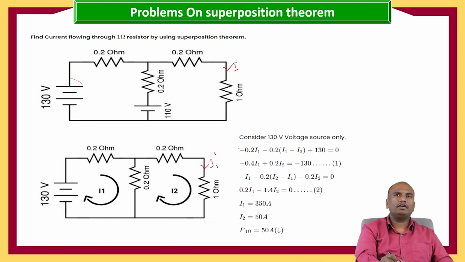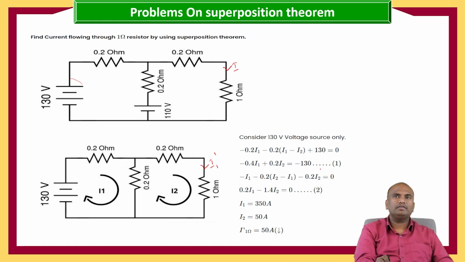So the drops are considered negative and the voltage is considered positive: minus 0.2 I1 minus 0.2 into (I1 minus I2) plus 130 equals 0, which gives minus 0.4 I1 plus 0.2 I2 equals minus 130.